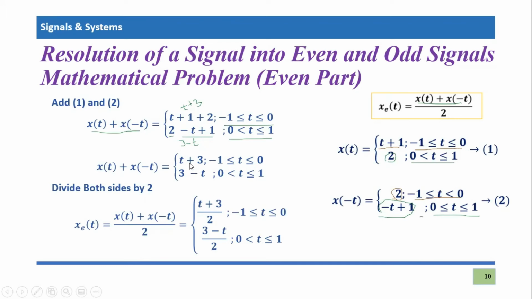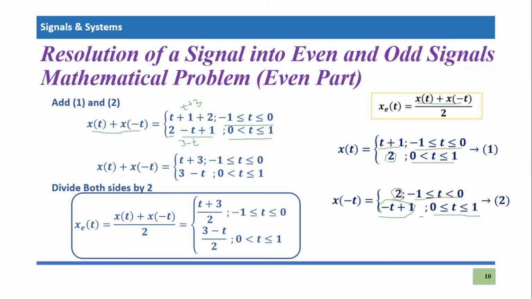Because the signal is being divided by 2, the definition part of the signal will be divided by 2. So t plus 3 divided by 2 for interval -1 to 0, and for interval 0 to 1, its value will be 3 minus t over 2. So this is basically the even part of the signal.